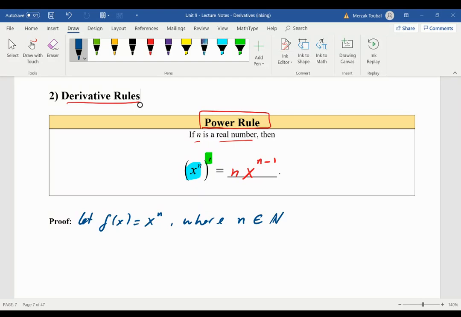The other two proofs are good when n is any real number, without the restriction of being a positive integer. So the other two proofs cover every other number.